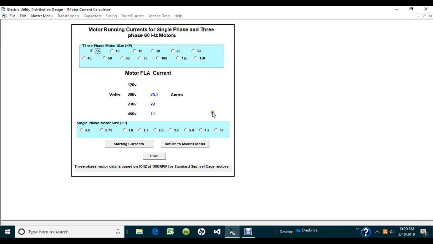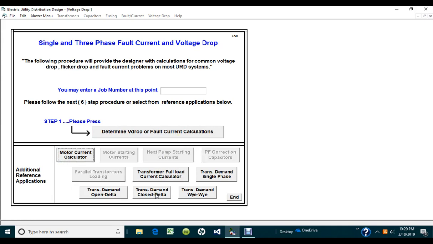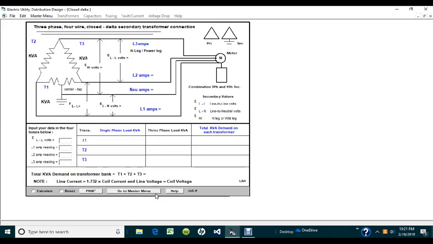the customer. Okay? So I'm going to go back to the master menu here and go back over to our closed delta. So the customer said he has a 7.5 horsepower pump or motor, and that's going to be drawing 22 amps. And the voltage that he's going to get is basically 240 volts, 3-phase. Each one of these lines, between this line and this line, there is a voltage across it, and that's called a line-to-line voltage.